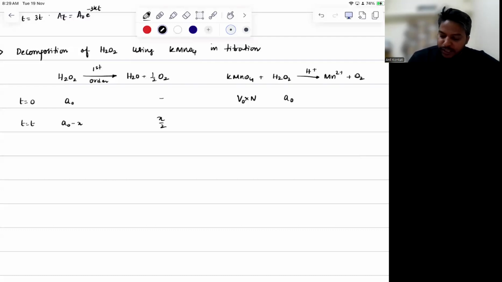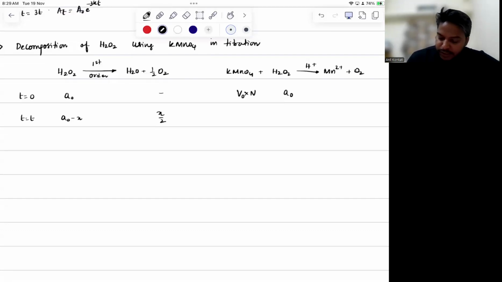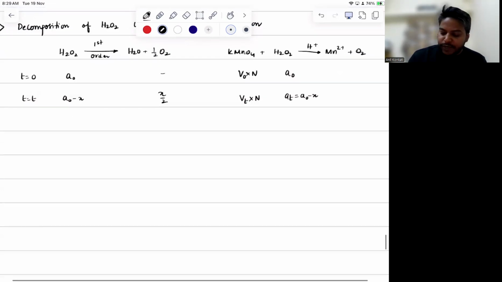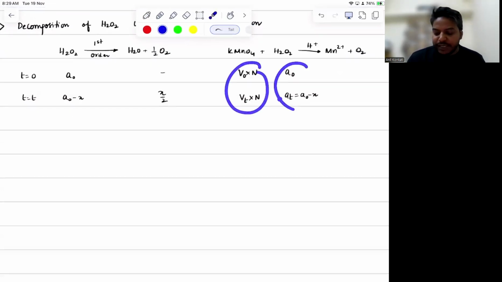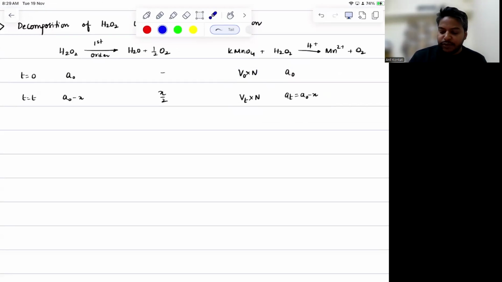Okay, and if you notice at this time, Vt into N is the equivalence of KMnO4, while this is AT, which is equal to A naught minus X. Okay, so if you compare the ratio of these two, it should be same only, correct? Because the number of equivalents of H2O2 and KMnO4 should be equal.